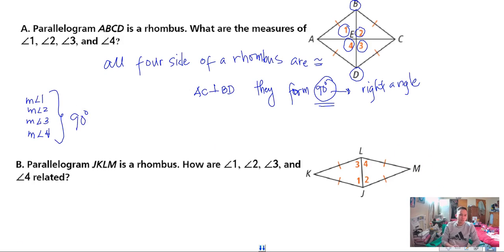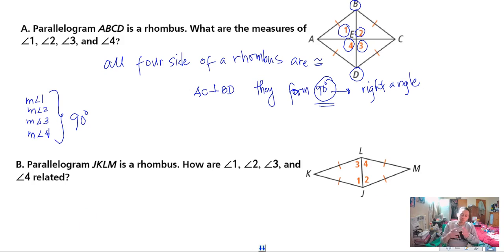Next one, letter B. Parallelogram JKLM is a rhombus. How are angles 1, 2, 3, and 4 related?